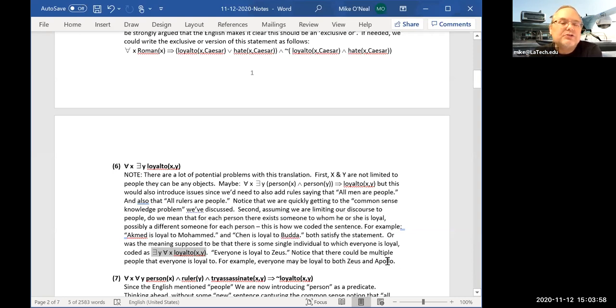Just because I'm saying everyone is loyal to someone, that doesn't mean that there's only one Y that could substitute here. In the case that I'm talking about here, the Y might be Zeus, and then in another instance, the Y might be Apollo. They might both be true in the same world, where everybody is loyal to both Zeus and Apollo. Does that make sense?